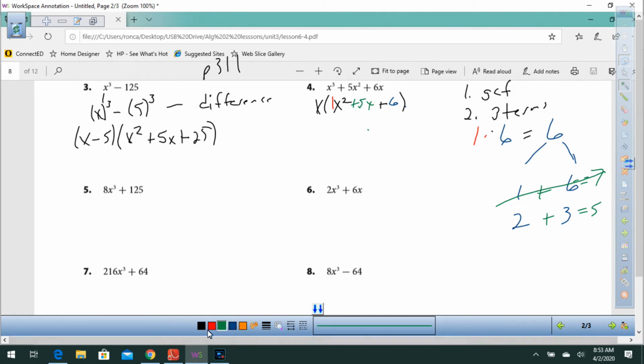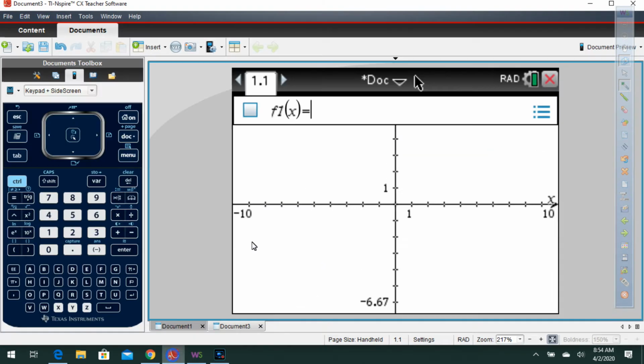So we're going to have x times x, x times 2, times x plus 3. x times x plus 2 times x plus 3. Okay? Now, this one here, you can't find it in the calculator.